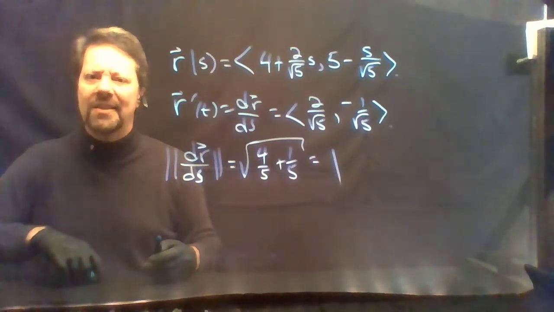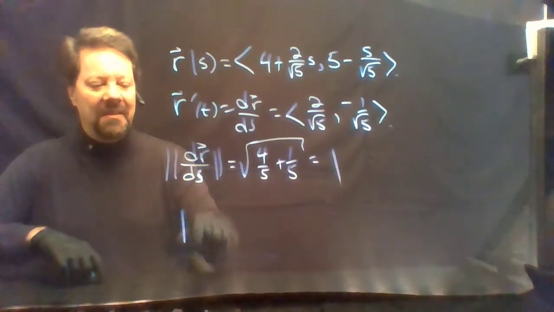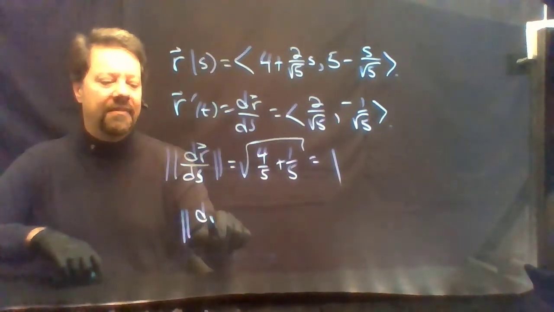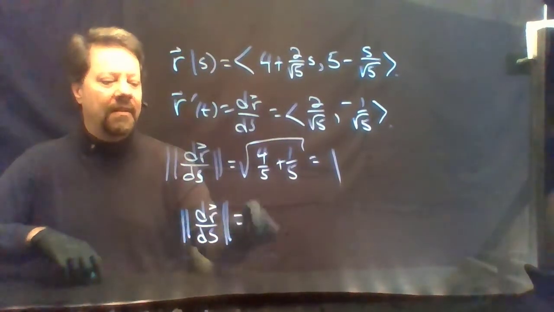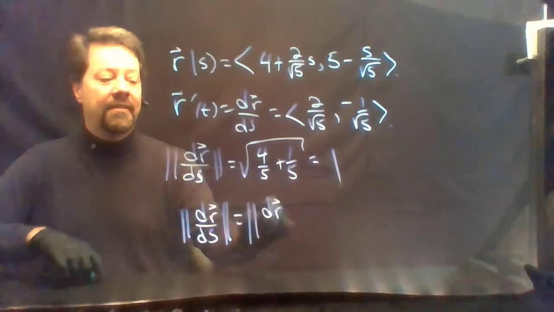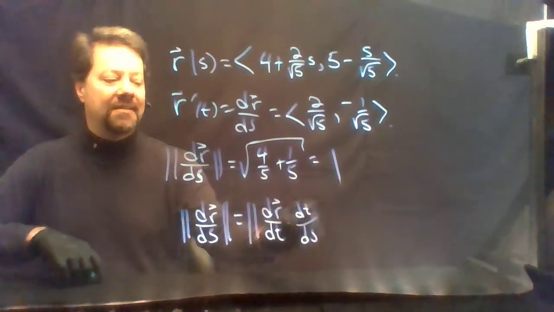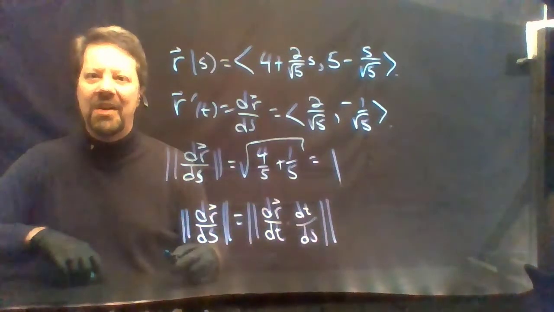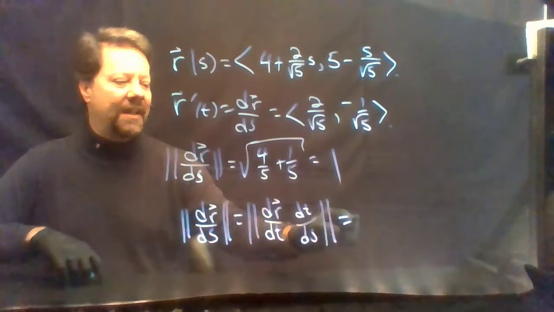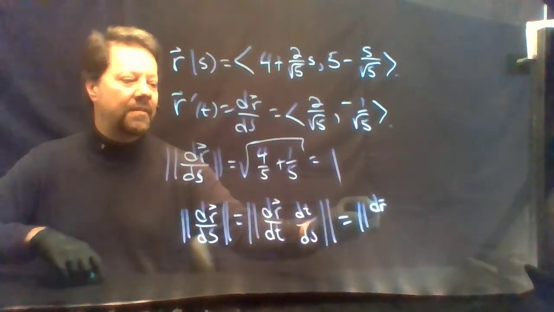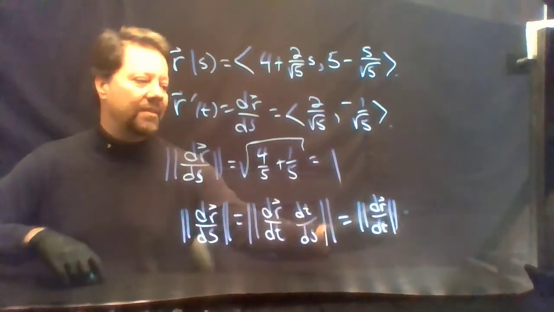Is that always going to be the case? The answer is yes. You can see that if I have the norm of dr/ds, that is the norm of dr/dt times dt/ds by the chain rule. We know that here we have the norm of dr/dt, and this scalar can come out.